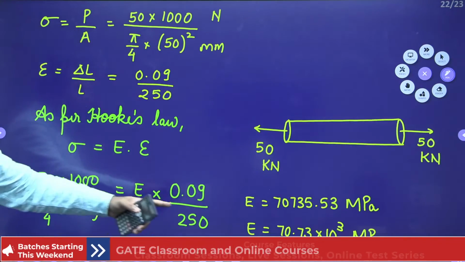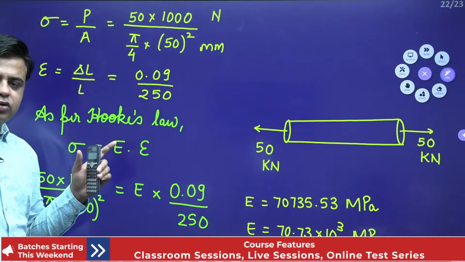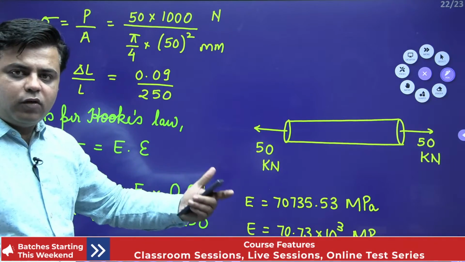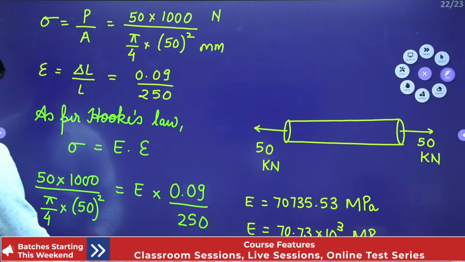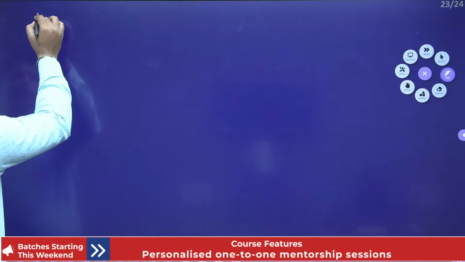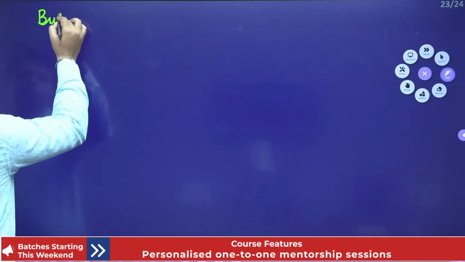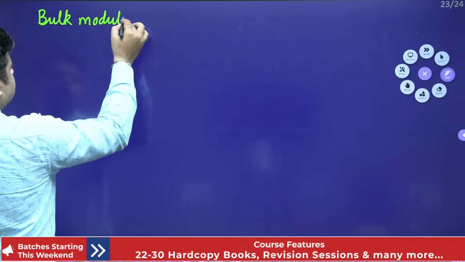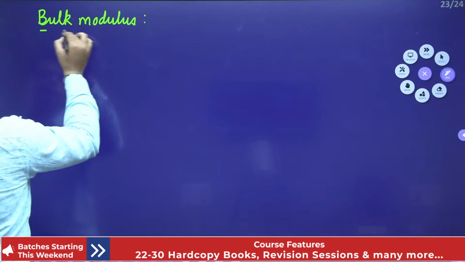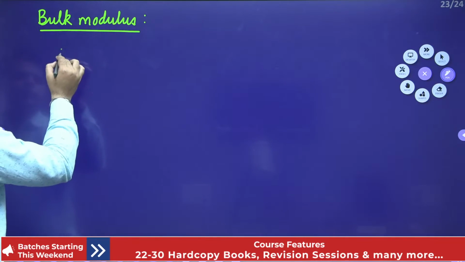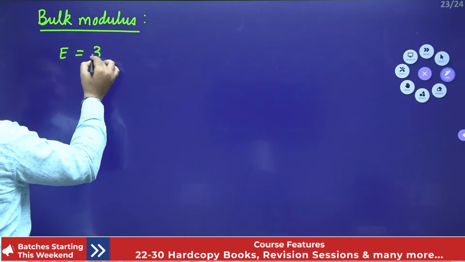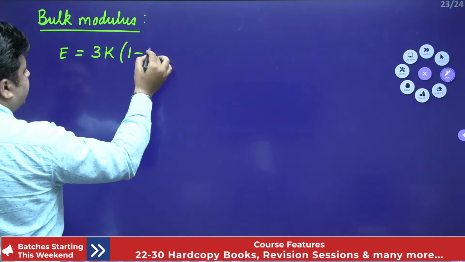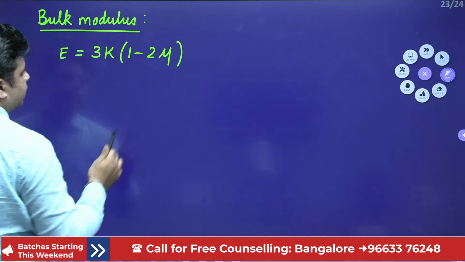Once we have the Young's modulus and the Poisson's ratio, we can calculate the value of bulk modulus and the shear modulus. So for bulk modulus, E is equal to 3K into 1 minus 2 mu, right?